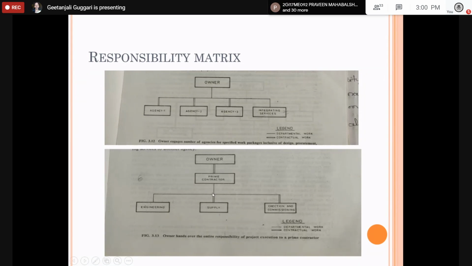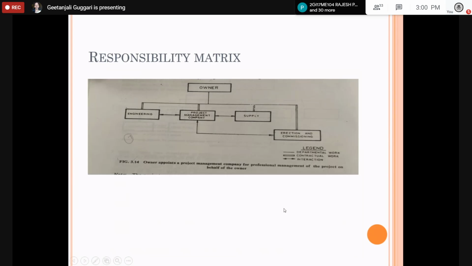Then under the prime contractor, you will find the engineering. Again, the supply will be through the contracting, and the erection and commissioning is also through the contracting. So these are some possible ways depending on the scope, the sector, and the complexity of the project. Here there is one more case.